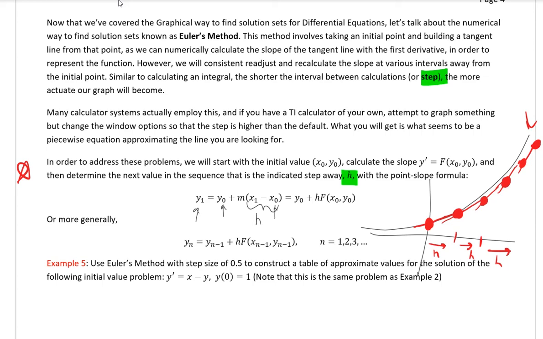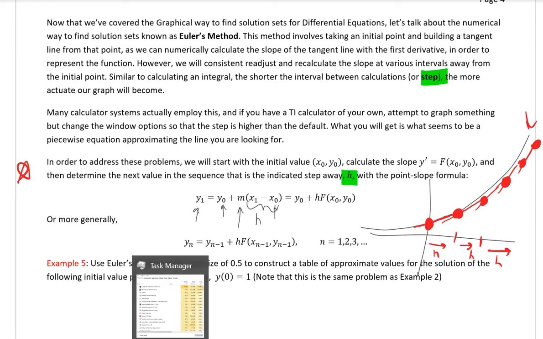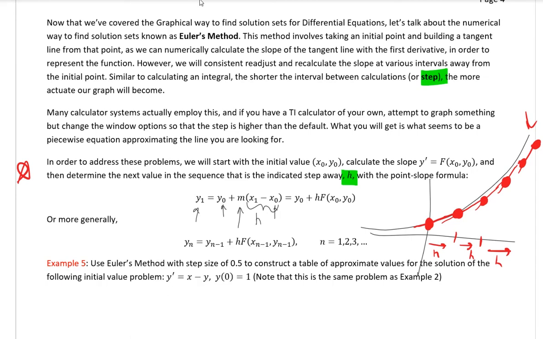That's going to be your step distance. The slope is what we calculate using the function, so overall we get the formula y0 plus the step times the slope. Or in general, we have this equation here to find any point at any given point.